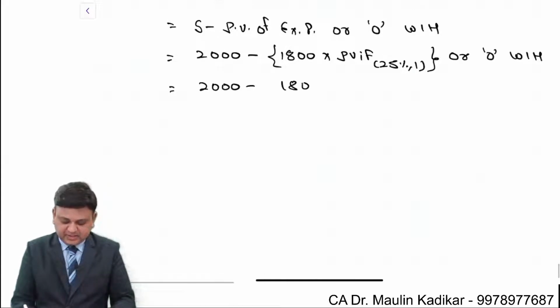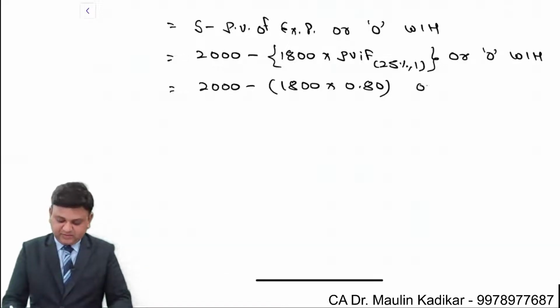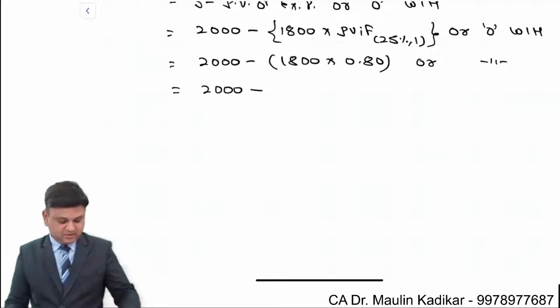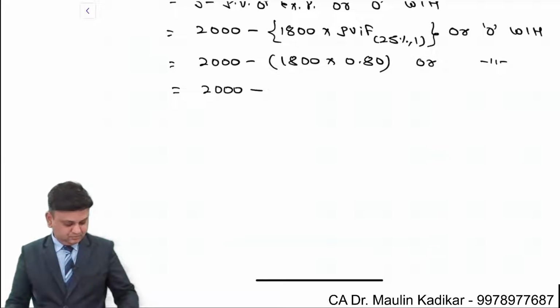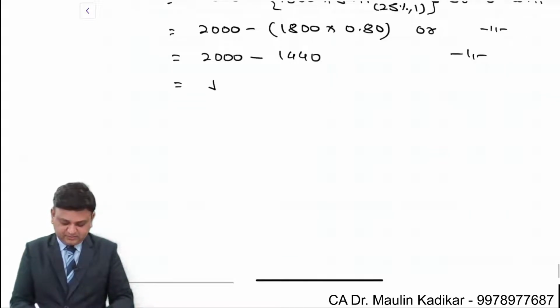So 2000 minus 1800 into 0.8, 25% first year factor, or 0, whichever is higher. 2000 minus 1800 into 0.8, that is 1440, or 0, whichever is higher.